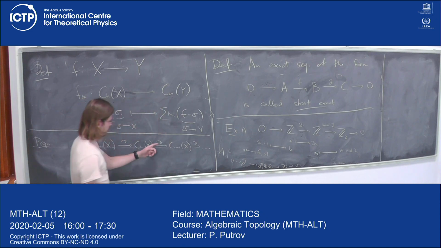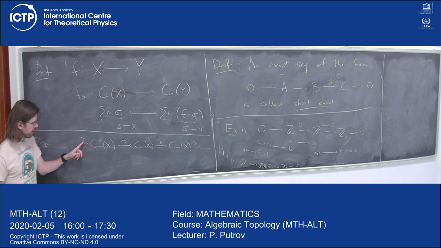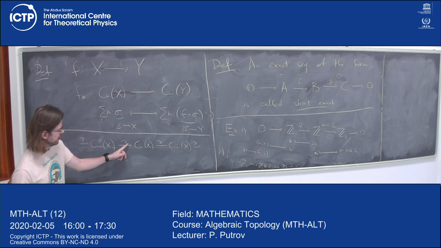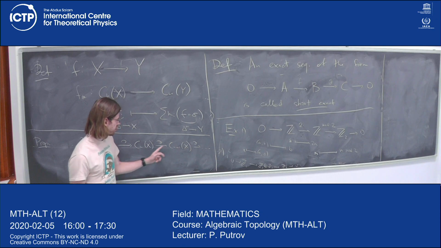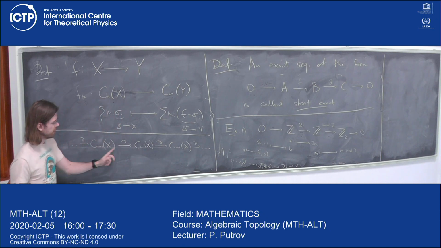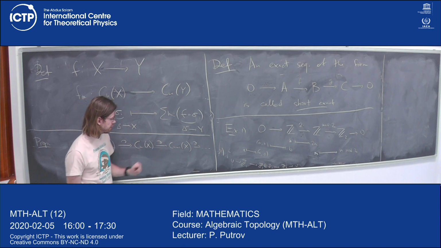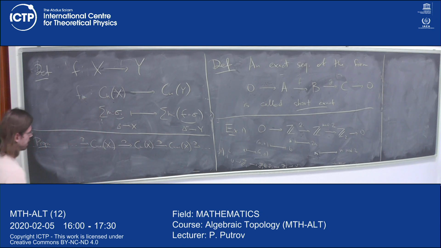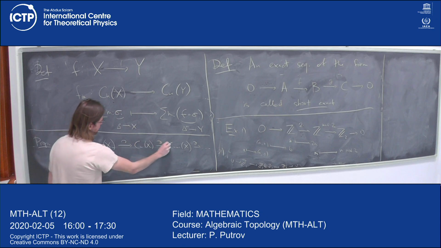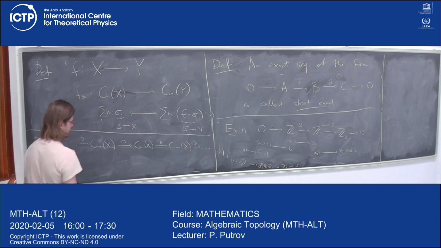These are different maps, so before we denoted them by d_n, but from the context it's always clear on which group it acts and where the image is. So in many cases I'll suppress the index explicitly.